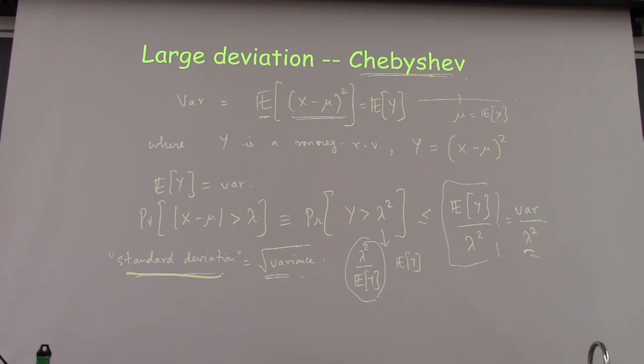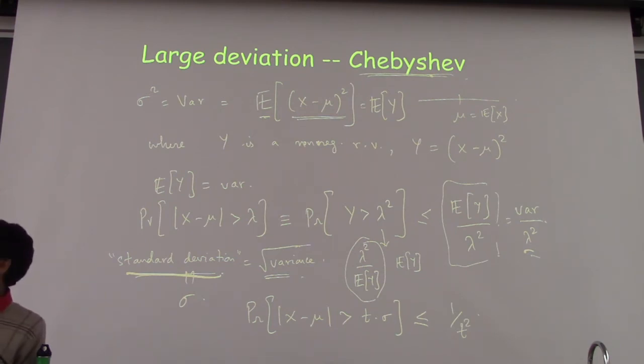Okay. So let's call this sigma. So that variance is sigma squared. Then another way to write Chebyshev's inequality is the probability that |x minus mu| is bigger than some t times sigma is at most 1 by t squared. Okay. For me at least, this is a more intuitive way of writing Chebyshev's inequality, because sigma is how much I expect it to deviate.